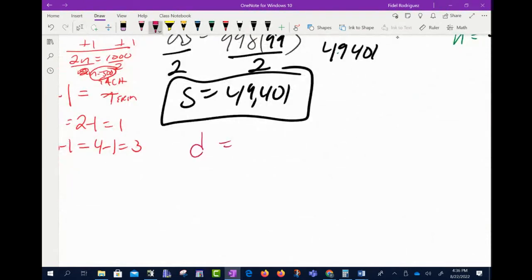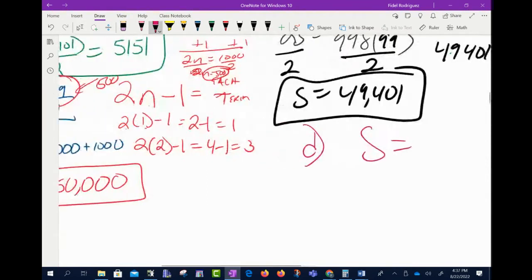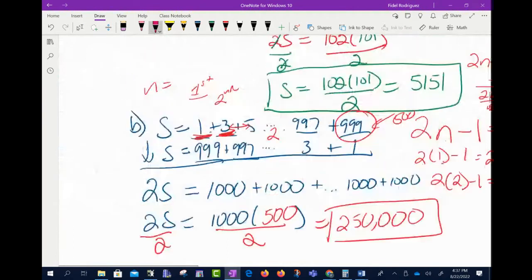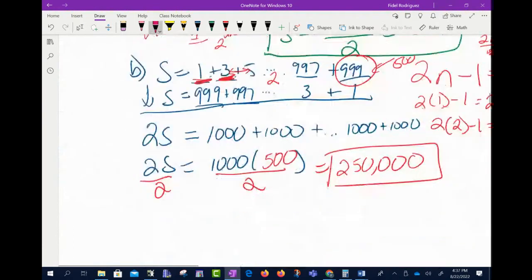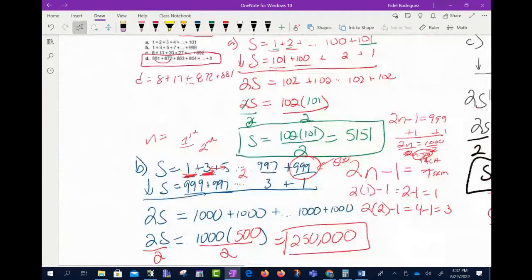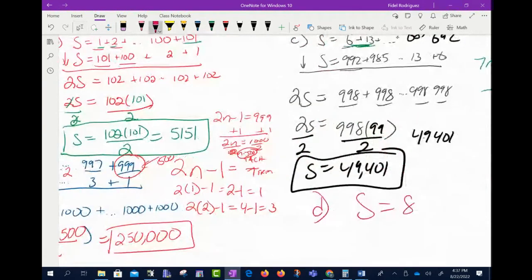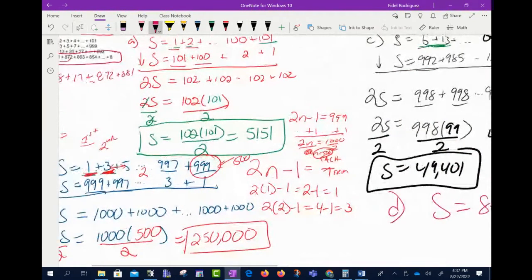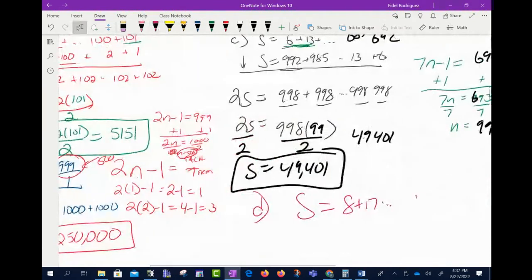So part D is, the sum is, where are we starting off again, 8, 17, plus 17 plus all the way down to 872 and 881.